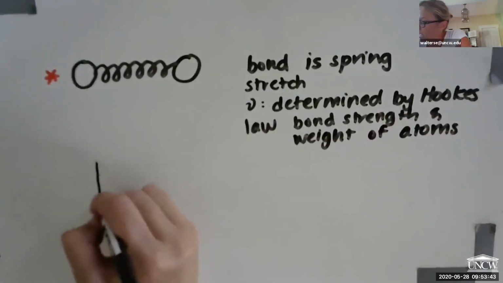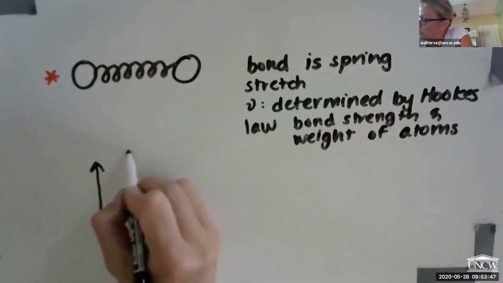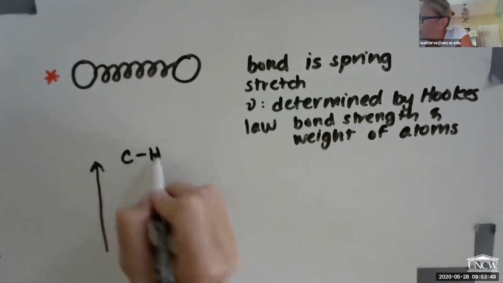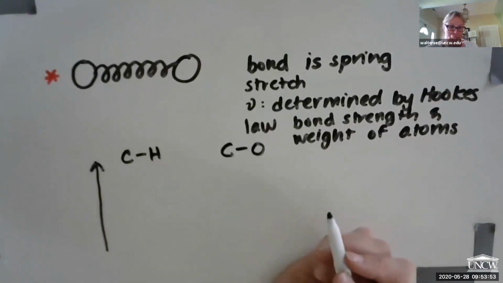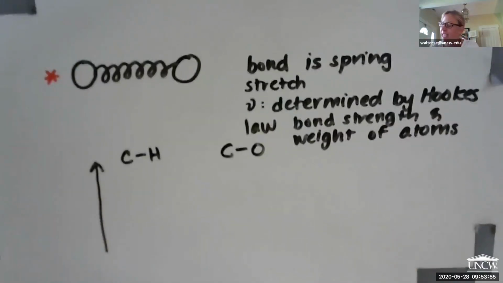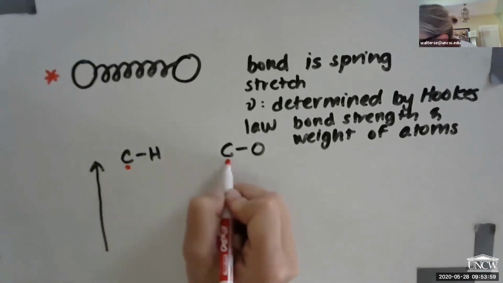So if we look at 2 different types of bonds, a carbon to hydrogen bond, and compare it to a carbon to oxygen bond, in this case, the carbon atoms are the same.